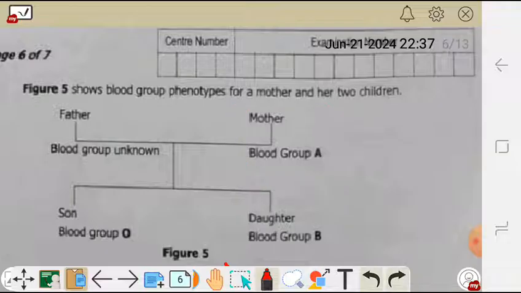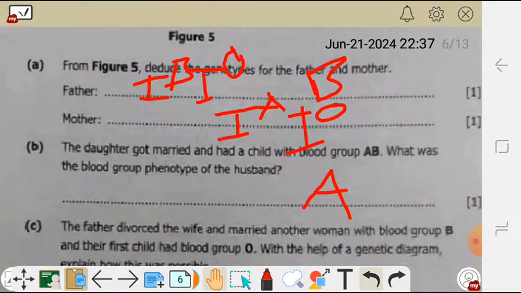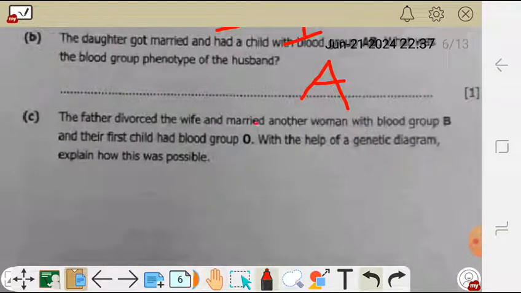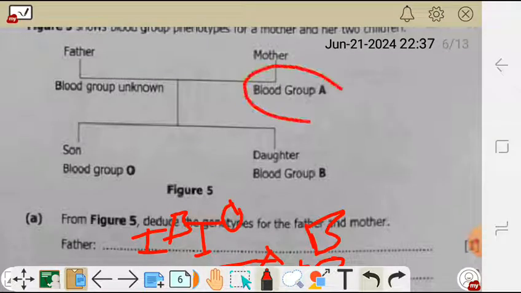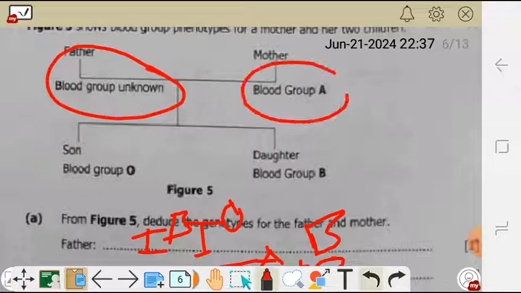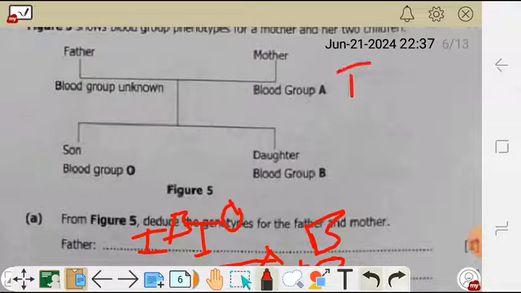The mother here had blood group A and they had a son with blood group O. Now the father divorced her and married another woman of blood group B, and they also had a child with blood group O.